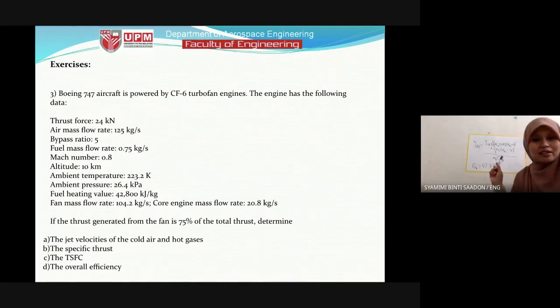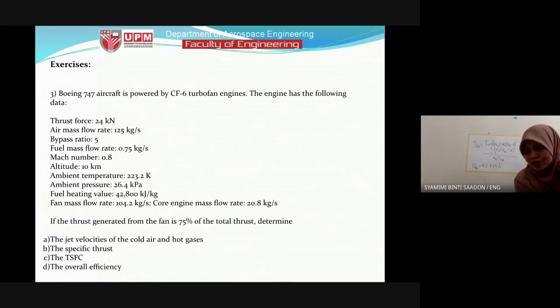This part is the same as in the propulsive efficiency, except that below we have m dot f times QR. The numerator is the same as in the propulsive efficiency calculation.